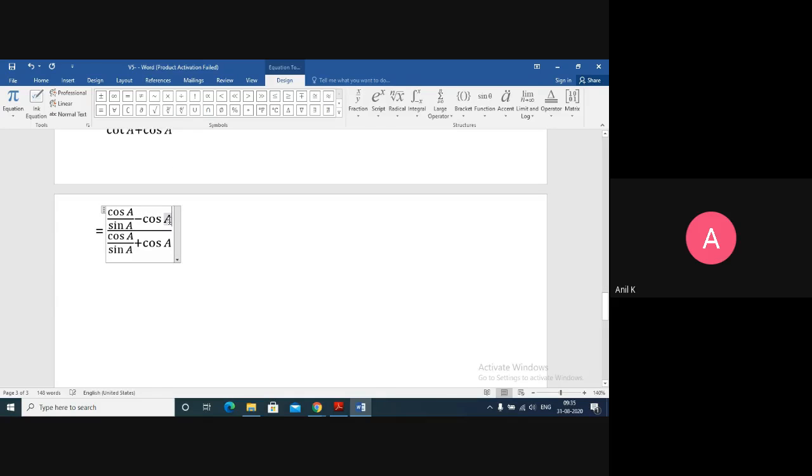So here cos A is there. You can write cos A as upon 1. Here also cos A is there. You can write this as cos A upon 1.